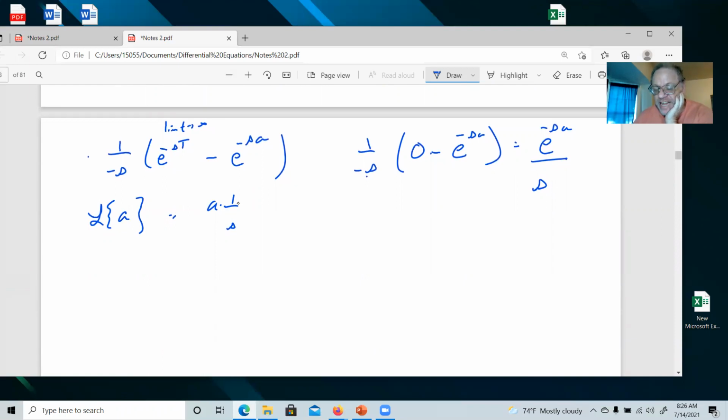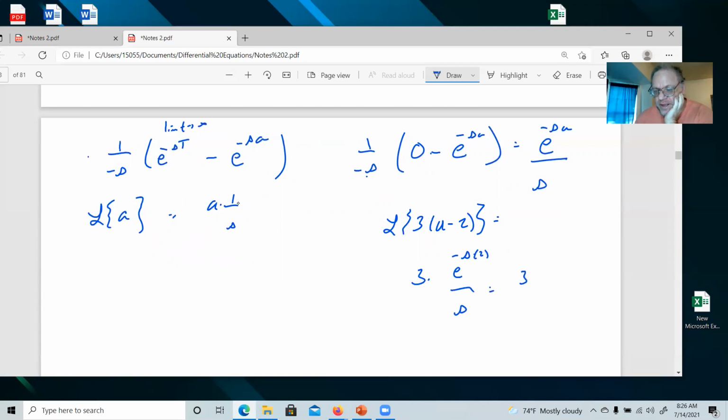So if we change the height, instead of the unit step function we had the 3 function, and I want to do a Laplace transform of 3 u of t minus 2, what that's going to be is 3 times e to the negative s times 2, divided by s.